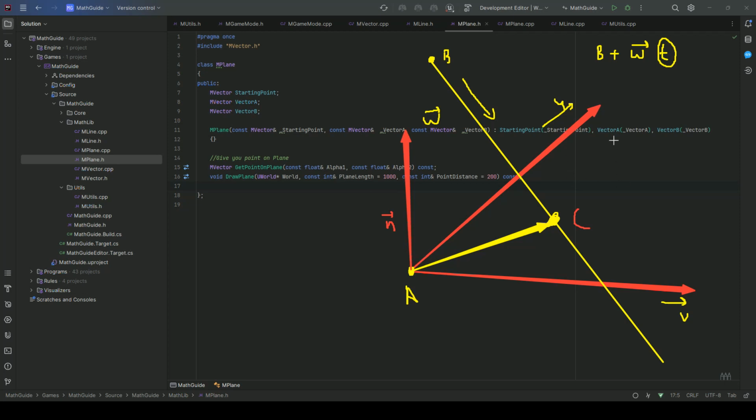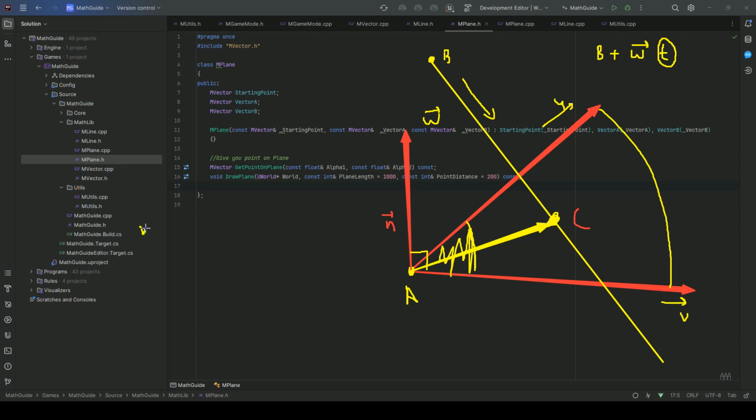Reason being, give me a second, this is a plane, right? So this plane is making a 90-degree angle with this vector. That means I know the dot product of any perpendicular vectors is 0.